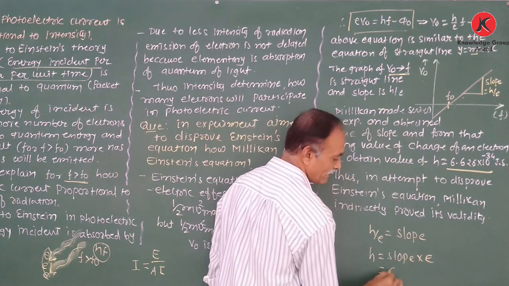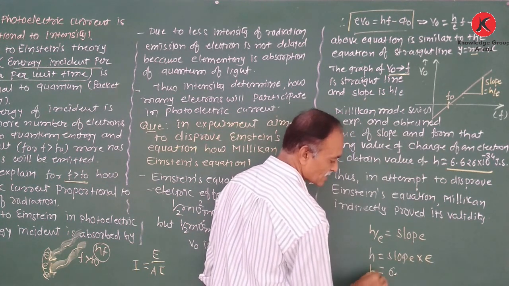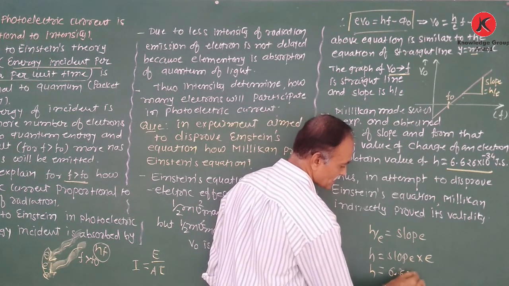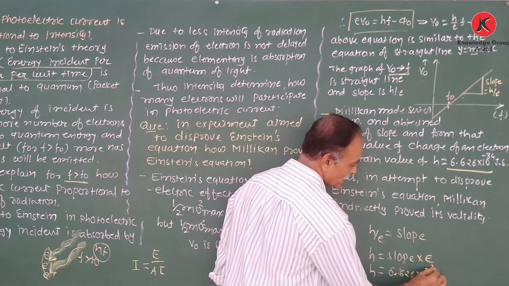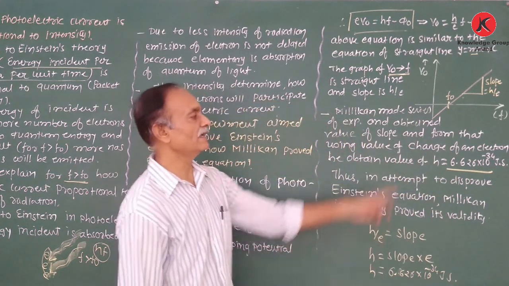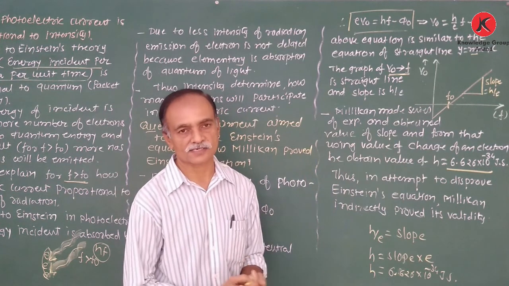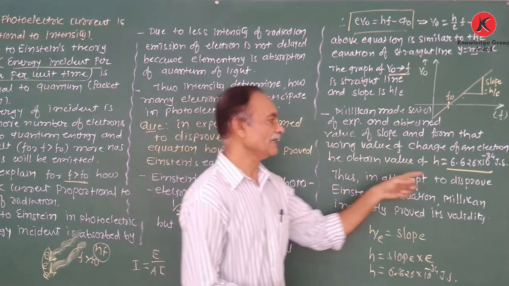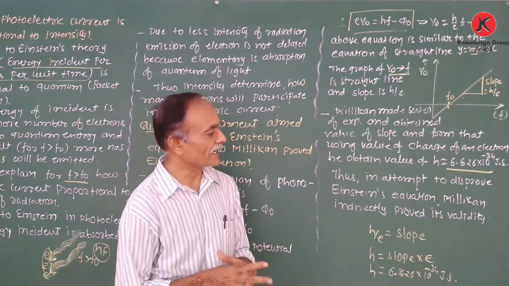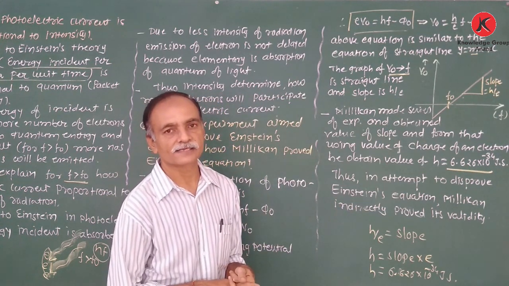So each and every time he obtained the value of Planck's constant, 6.626 into 10⁻³⁴ joule second, similar to the practical value of Planck's constant. Thus, in an attempt to disprove Einstein's equation, Millikan indirectly proved its validity.